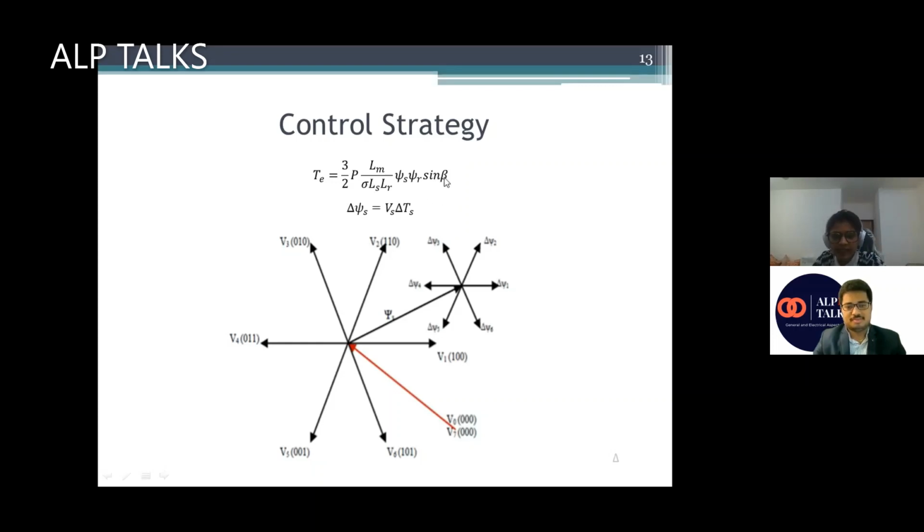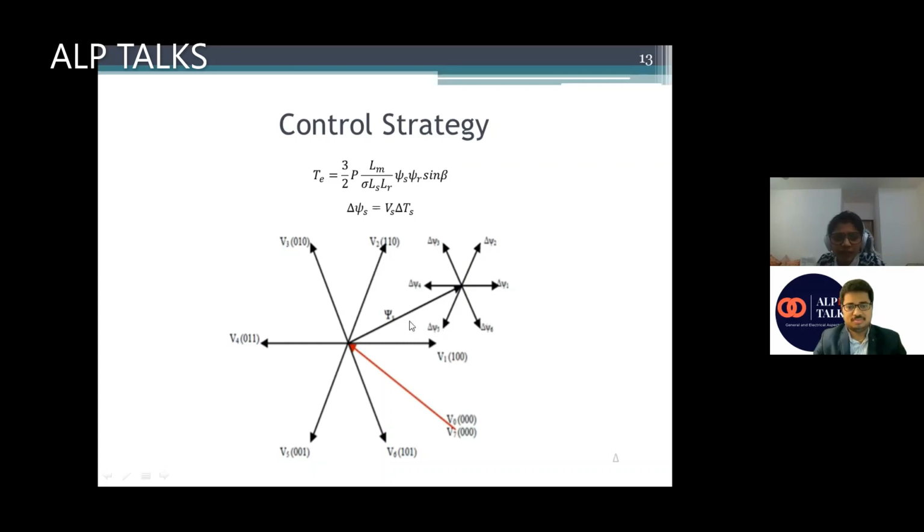If I neglect the resistance, then flux is Vs times delta Ts, where Ts is the sampling time period. If the stator resistance was also there, then it is the integration of Is, Rs, and dt. So for easiness, I neglected the stator resistance part.